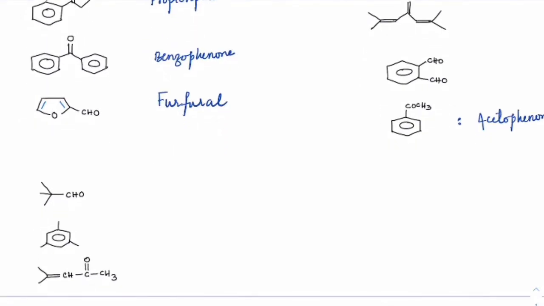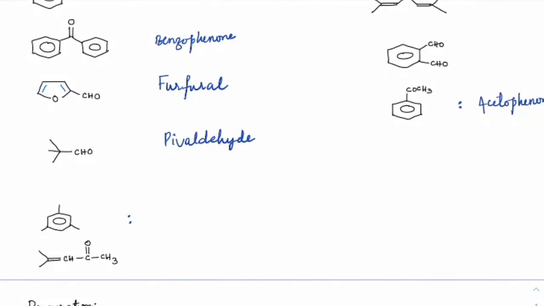Next, if you have a group like this, it is like a tert-butyl aldehyde here, correct? Then it has a common name, pivaldehyde. Not very useful. Furfural is useful here. Benzophenone is very much used.